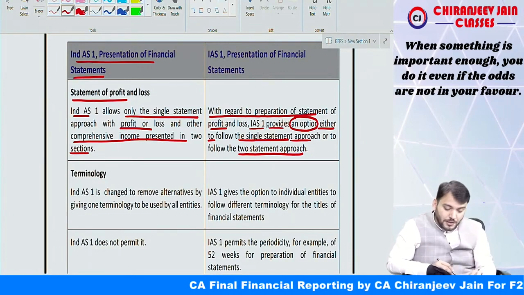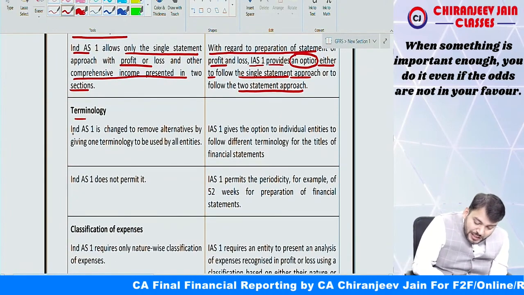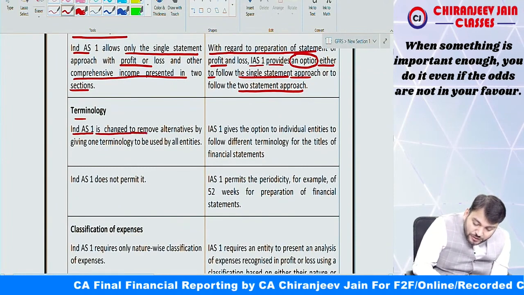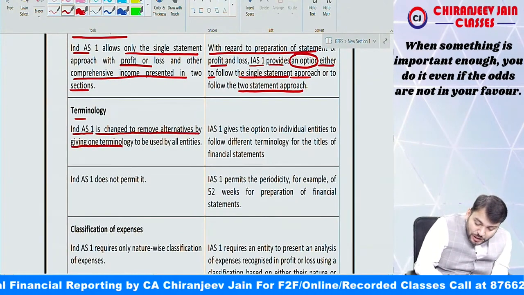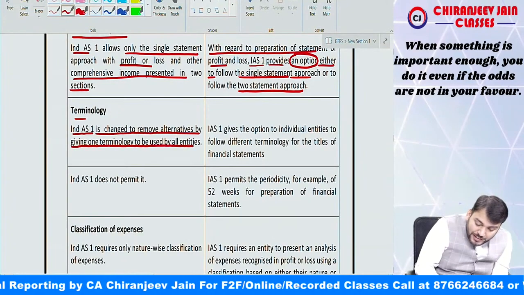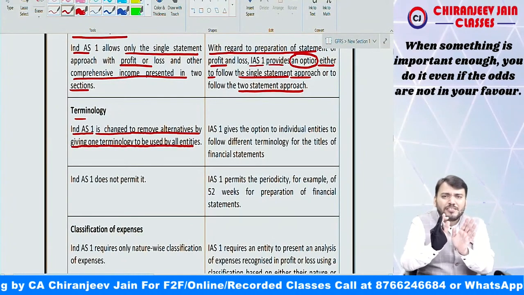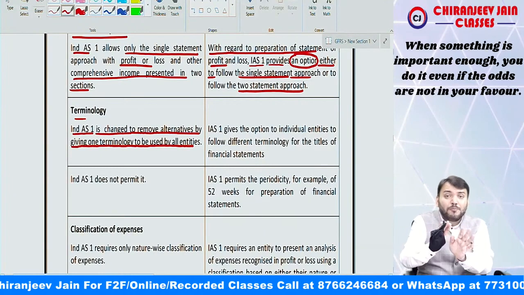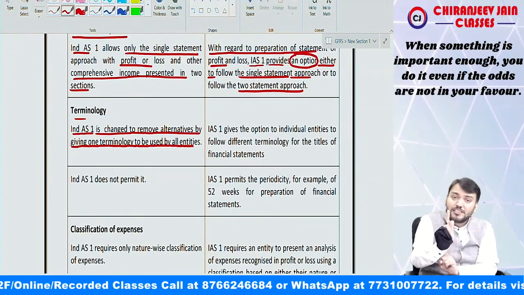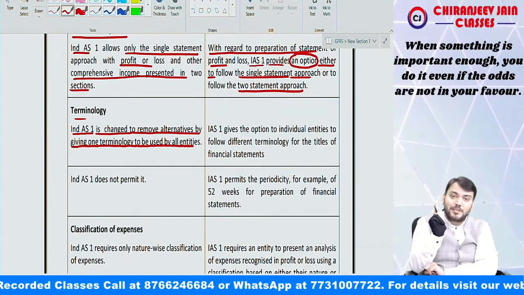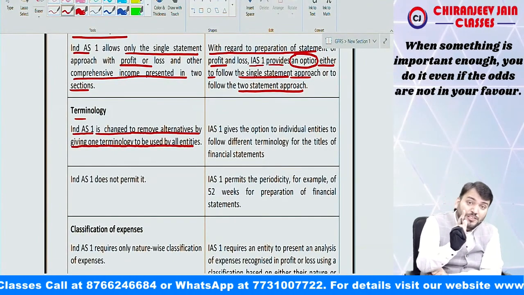Yes, sir. Terminology change. Ind AS 1 is changed to remove the alternative by giving one terminology to be used by all entities. The components of financial statements will be given only one terminology. Balance sheet will be known only as balance sheet. Statement of P&L will be known only as statement of P&L.